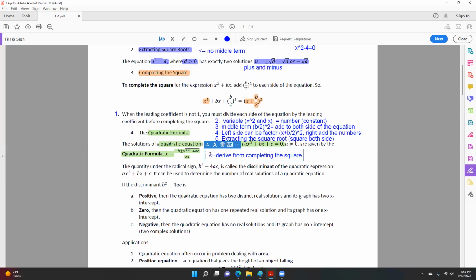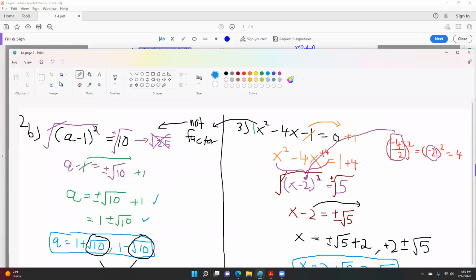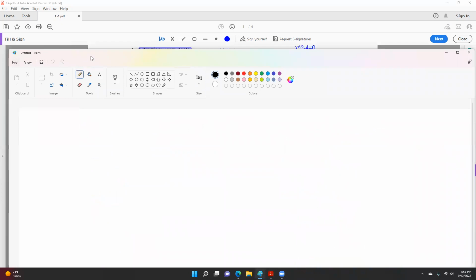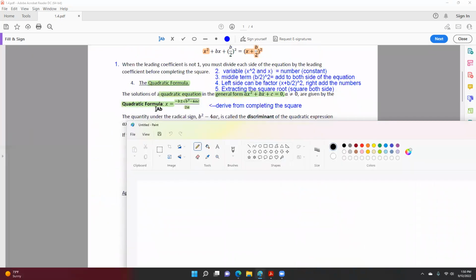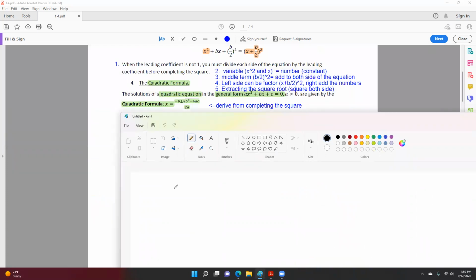We take the quadratic equation in general form and perform completing the square, and we end up with the quadratic formula. So let me show you the proof of the quadratic formula.